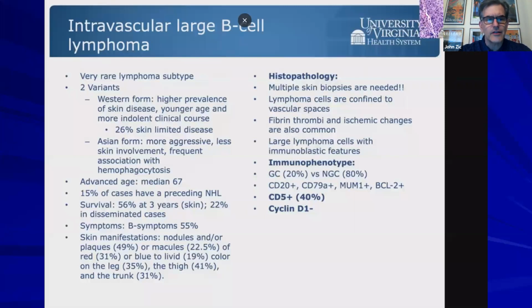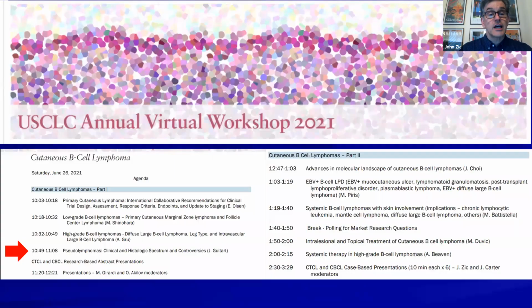So these are usually tender. And that would definitely give a dermatologist a clue that it should be biopsied. And so we're learning more about this, and hopefully we'll be able to make the diagnosis sooner so that we can treat patients effectively. So thanks to Dr. Grew for teaching us about the diffuse large B-cell lymphomas.